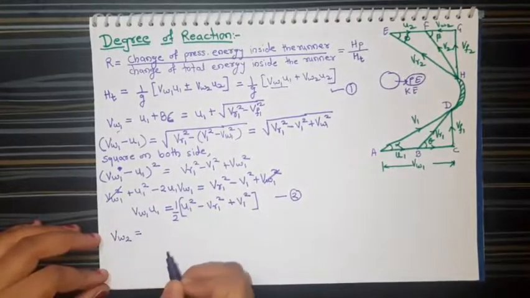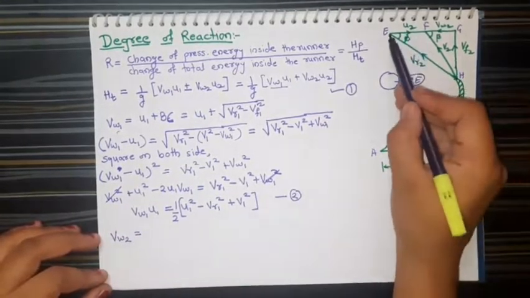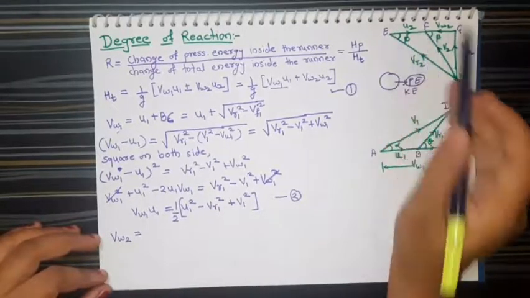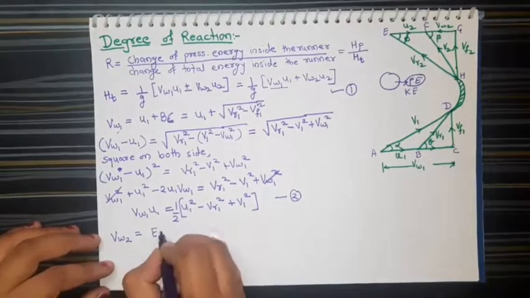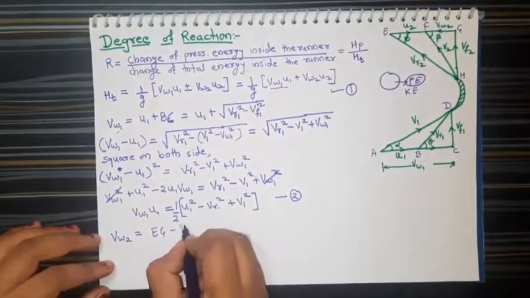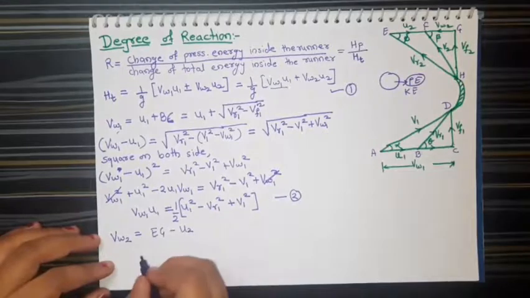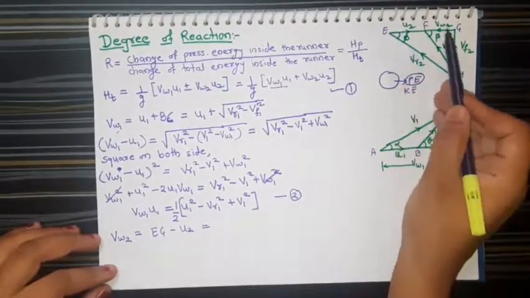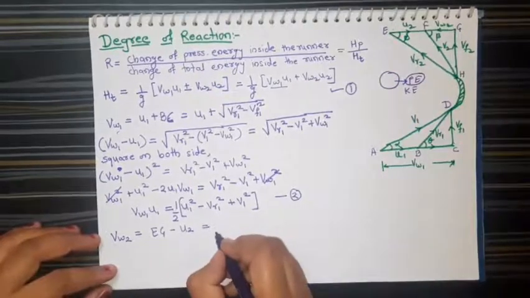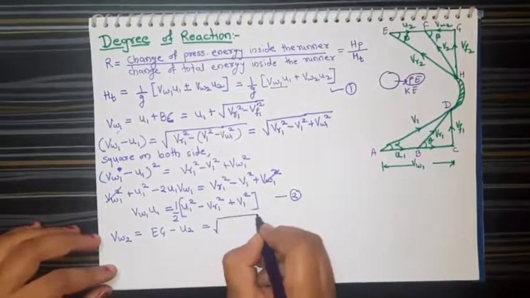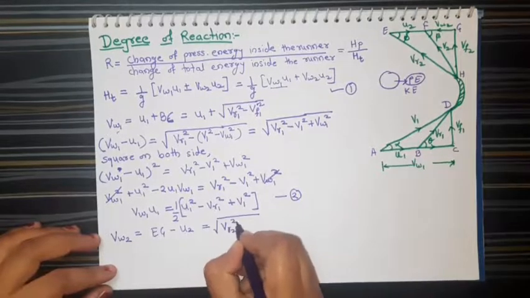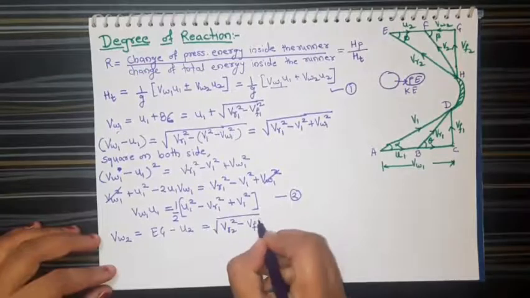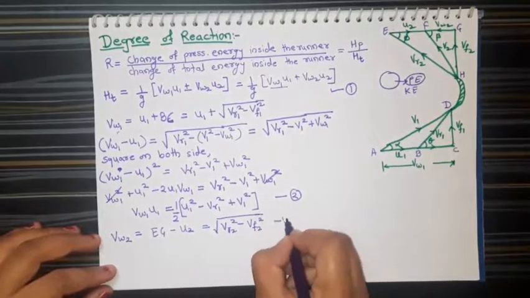VW2 is equal to EG minus EF, that is EG minus U2. Now for EG, we can write it as the square root of VR2 square minus VF2 square, minus U2.